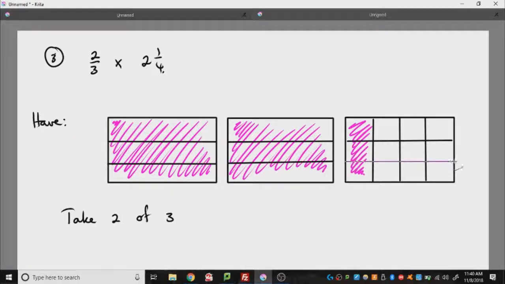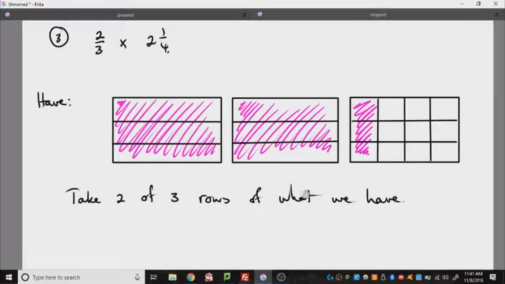All the way through. So I need to take 2 of the 3 rows of what we have. So I'm taking, let's say, the first 2 and not the last one.